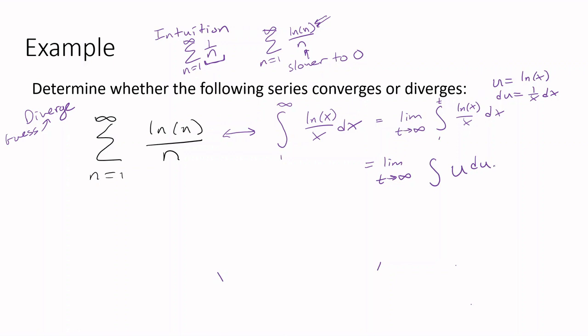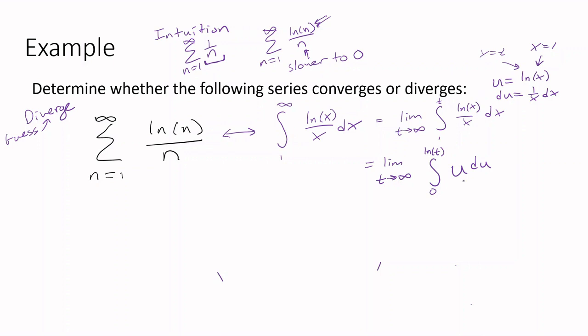Now again, you could either change your bounds now, or switch back to x's after. I'm going to change my bounds just for practice. When x is equal to 1, I plug that into my equation, and u is going to be 0. When x is equal to t, u will be natural log of t.